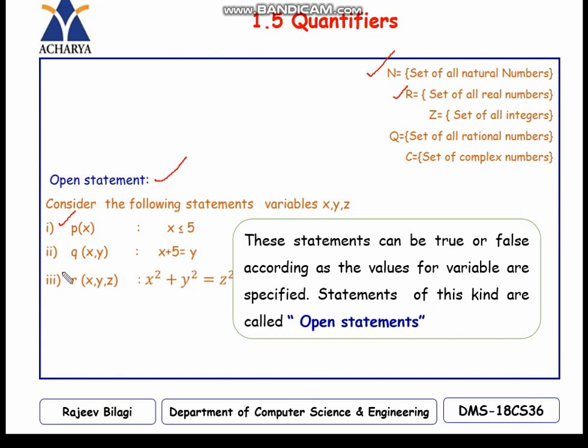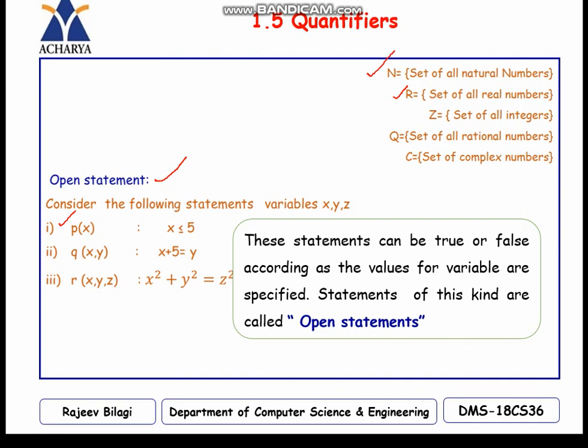Such statements, which can be true or false according to the values of the variables specified, are called open statements. These statements can be true or false according as the values for variables are specified. Statements of such kind are called open statements.